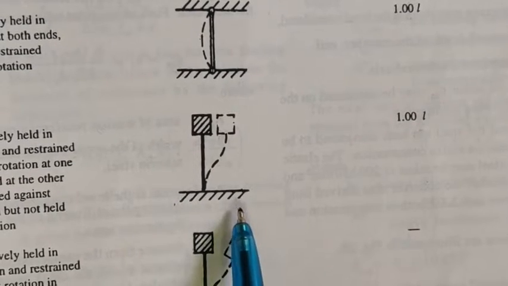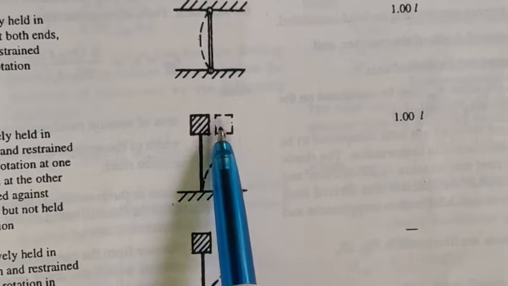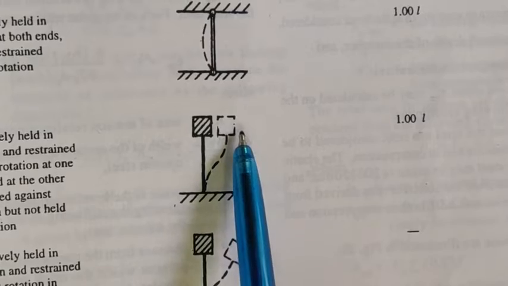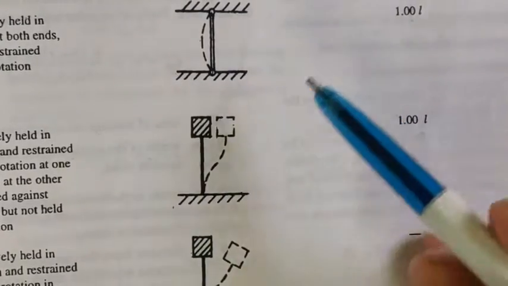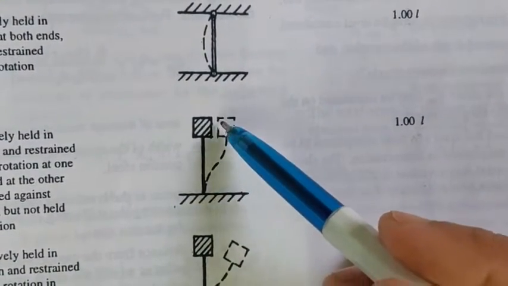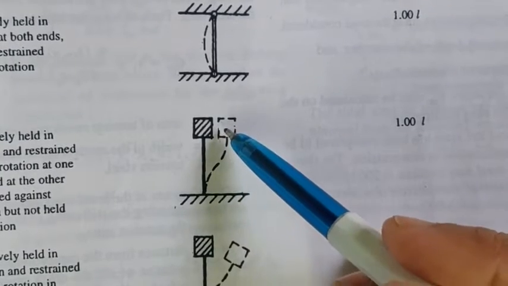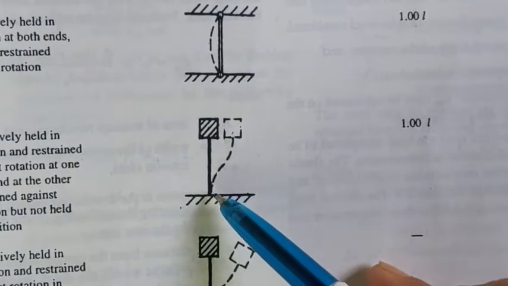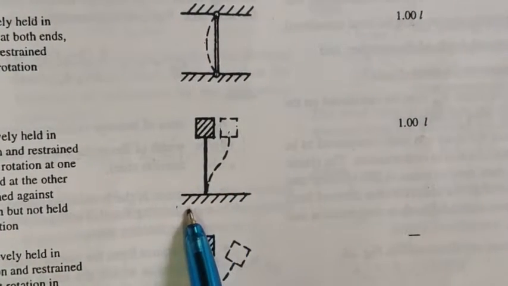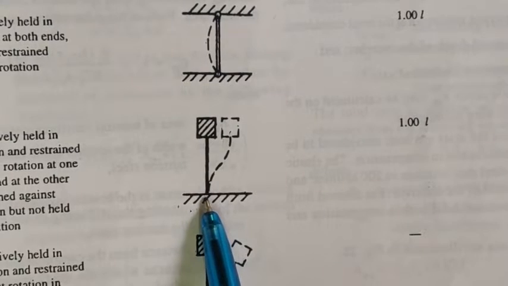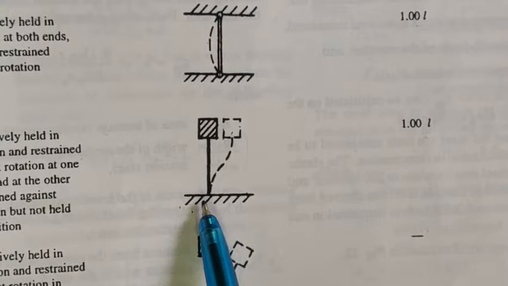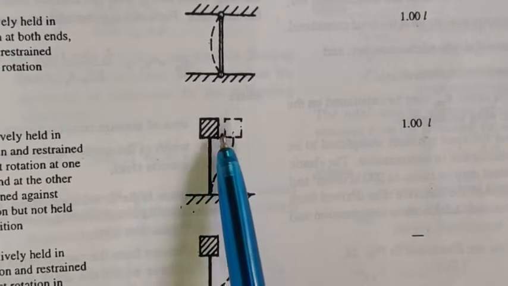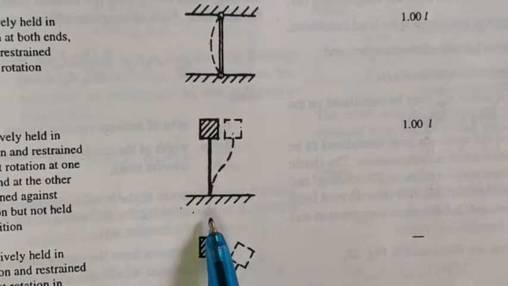That means it is fixed at one end, and at the second end it is free to move in position, but since the angle is not changing, the angle remains 90 degrees even after rotation. We will say that rotation is not allowed. So this is a case in which one end is fixed. That means it is not allowed to rotate, it is not allowed to move. Whereas the second end is allowed to move, but it is not allowed to rotate.